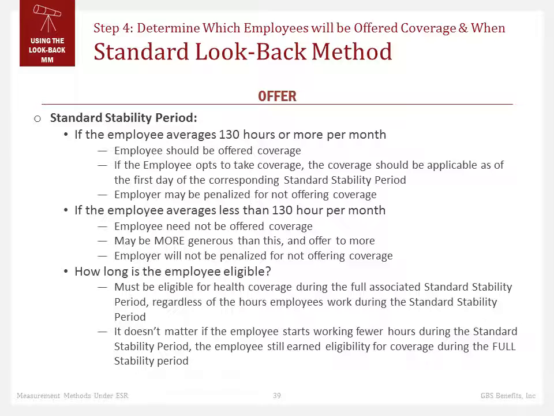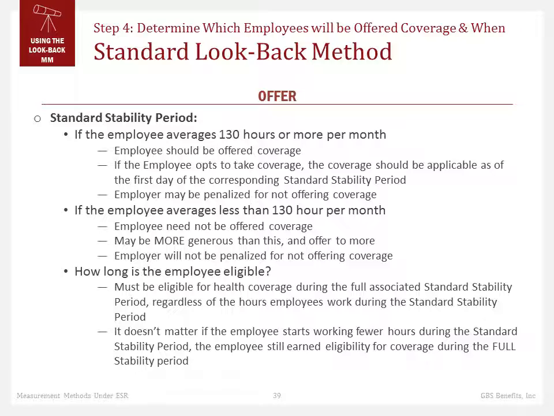So how long is an employee eligible when you offer this? They must be eligible, and we talked a little bit about this before, but they must be eligible for health coverage during the full associated standard stability period, regardless of the hours the employee works during the standard stability period.